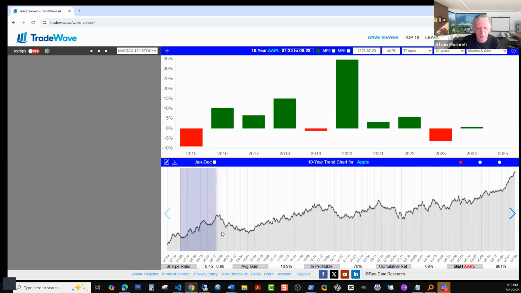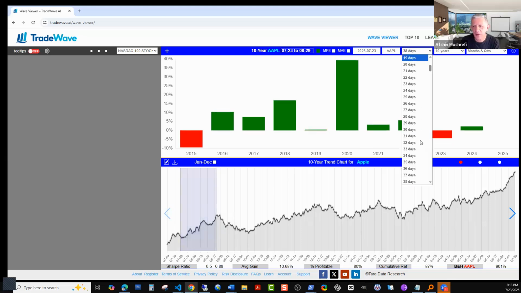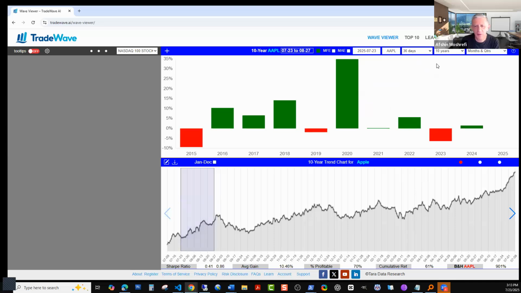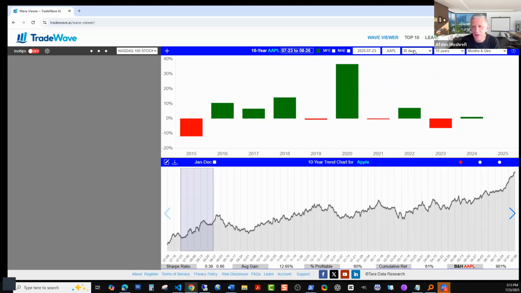And by the way, I am just changing this date interactively. It's the same as here. When I update this, the bottom updates. And when I update this chart here, the top updates. So for fine tuning just 1 day or 2 days, it's easier to use the top.